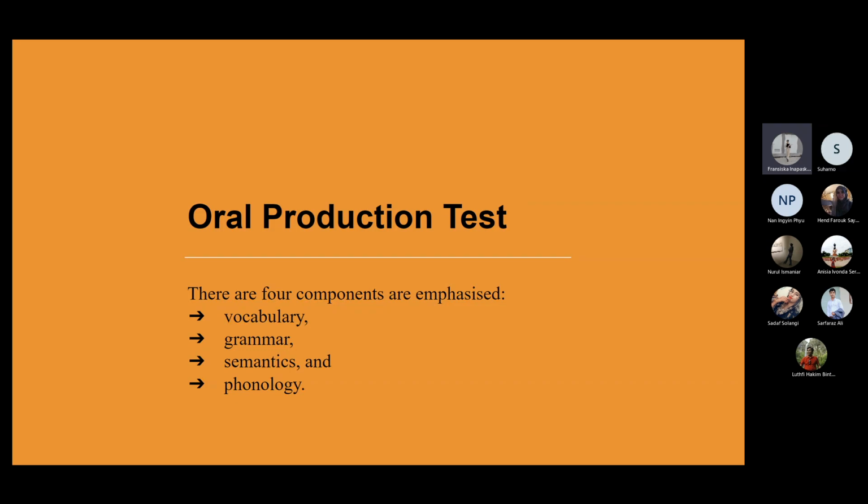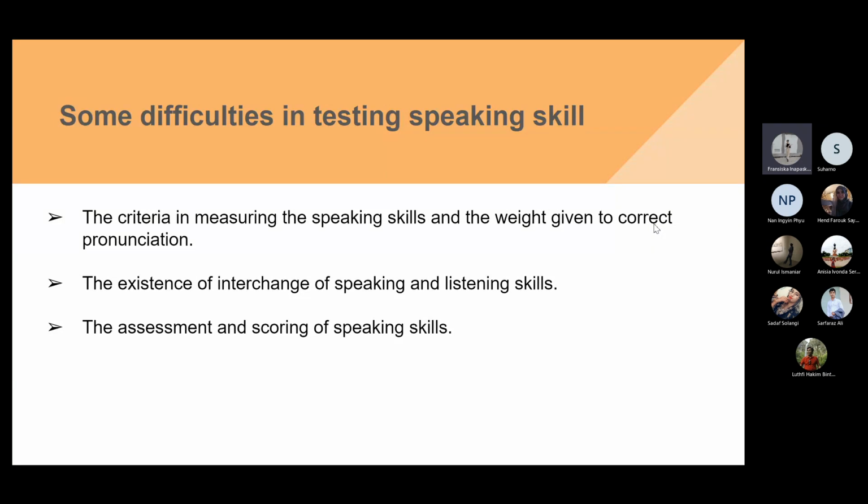However, we know that speaking is a skill that is difficult to test because it's very complex. So let's go to the next slide to see some difficulties in testing the speaking skill. From the first point, there is the criteria in measuring the speaking skills and the weight given to correct pronunciation.